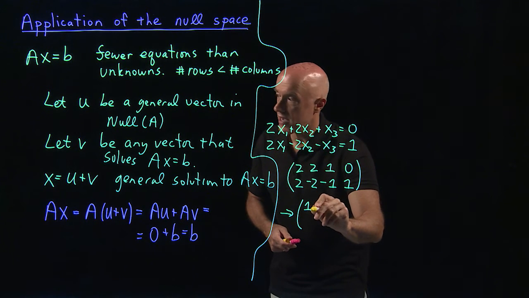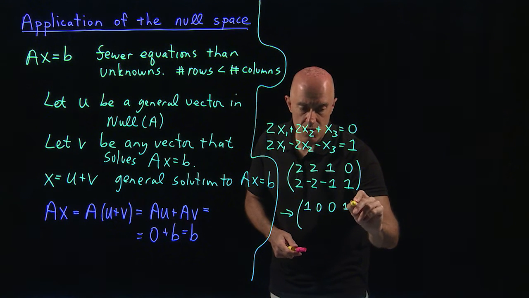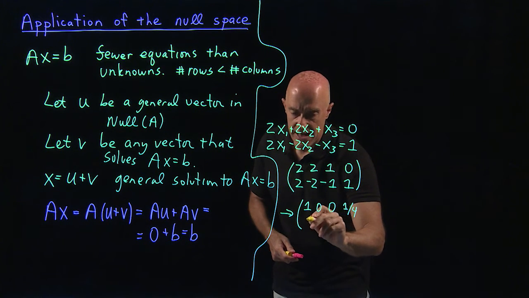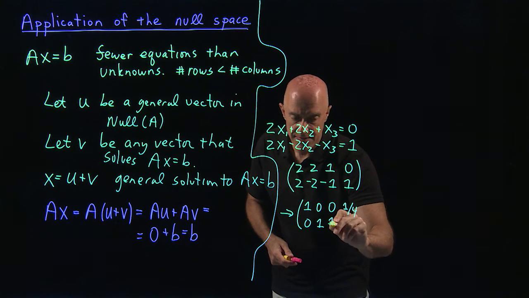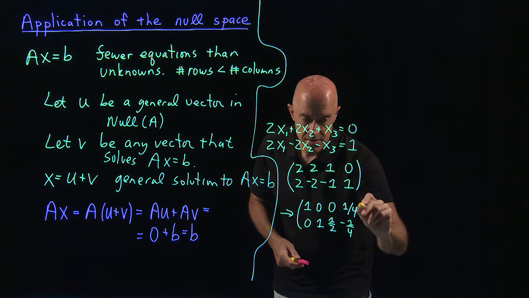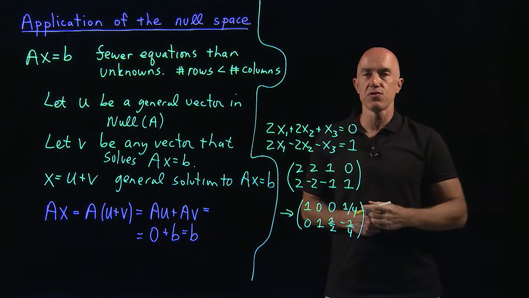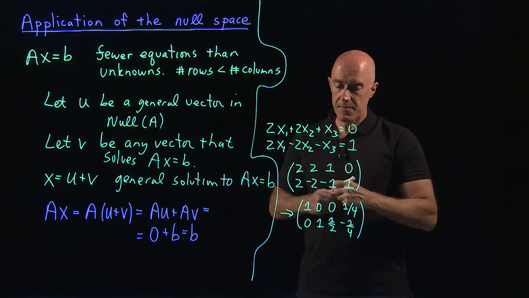We're going to have 1, 0, 0, 1 quarter. And we have 0, 1, 1 half, and minus 1 quarter. So that's the reduced row echelon form of this matrix.